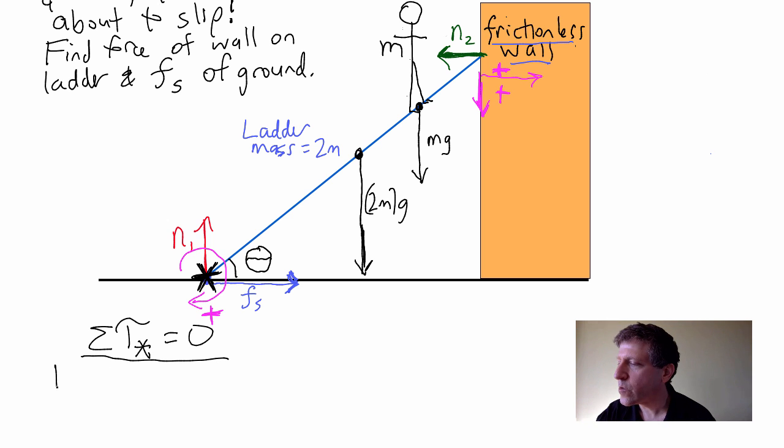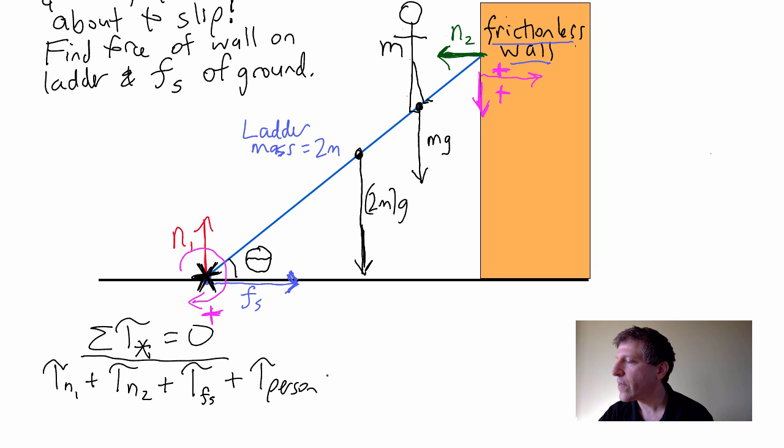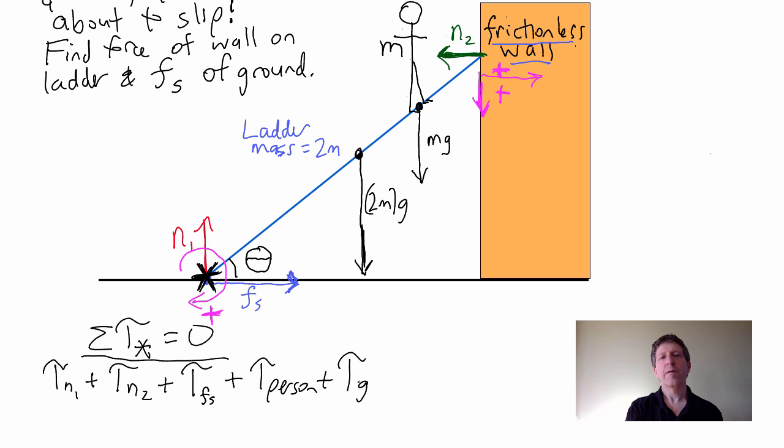We got the torque due to N1, the torque due to N2, the torque due to the force of static friction, Fs, the torque due to the person, and the torque due to the weight of the ladder itself. Those are all the forces we have, and those are going to all add up to 0.